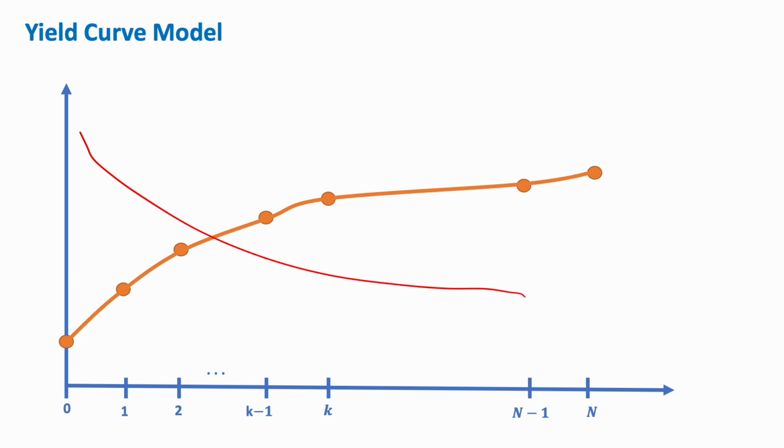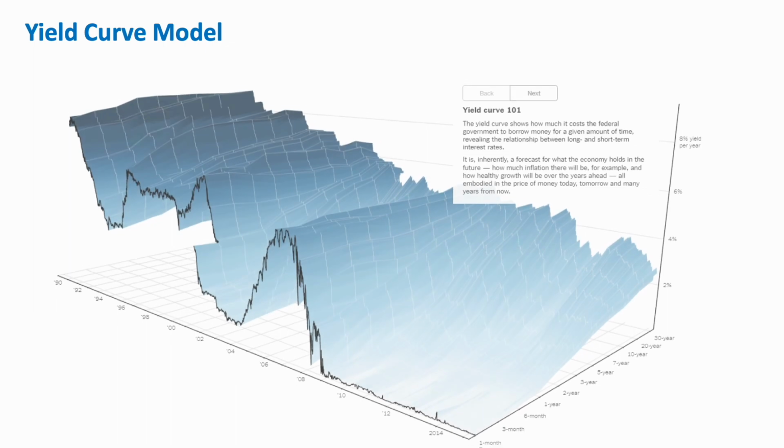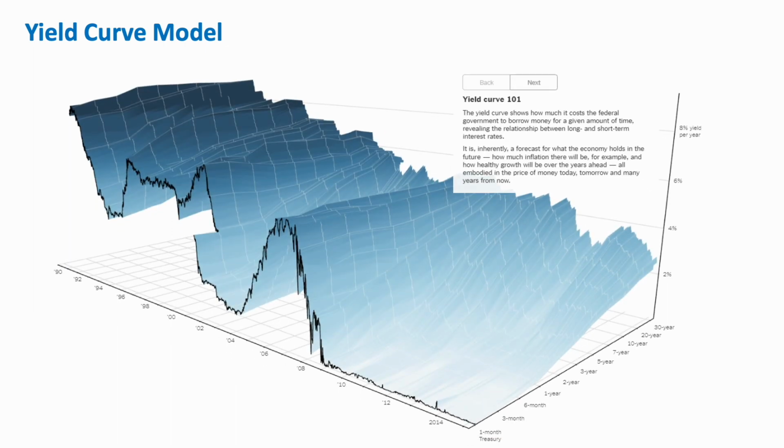Another way to visualize this is by looking at it this way. We can have a 3D plot. Maybe in 2014, the yield curve was looking something like this, but back in 2006, the yield curve looked completely different.